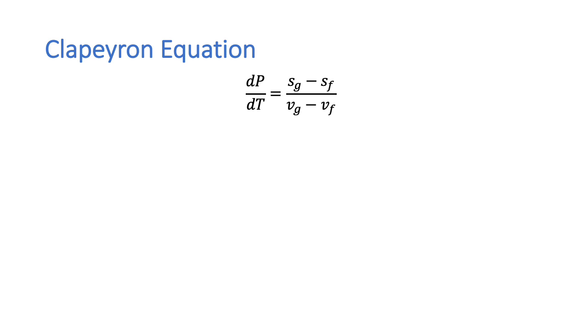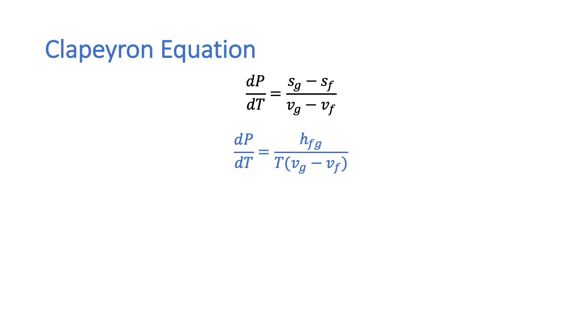Let us go back to the equation that we had for the slope of the equilibrium curve, that dP by dT is equal to Sg minus Sf upon Vg minus Vf. Sg minus Sf, we have just shown, equals Hfg divided by T. Substituting that, we get an equation which is known as the Clapeyron equation.